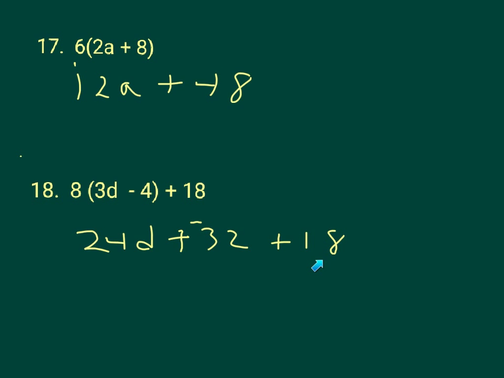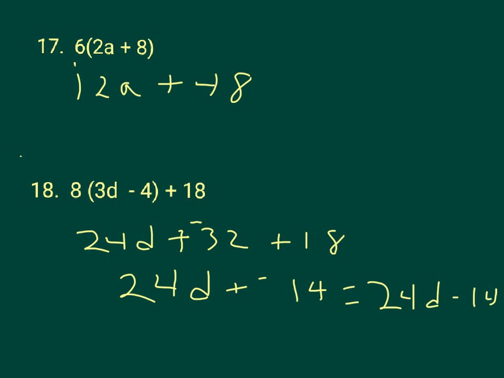There's more negatives, and there are 14 more negatives than there are positives. So this will be 24d plus negative 14. And then if you wanted to, you could rewrite that as 24d minus positive 14. So either one of these two answers would work. You could leave it either way.